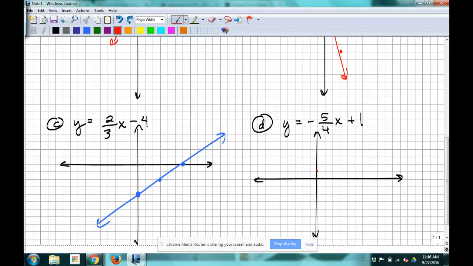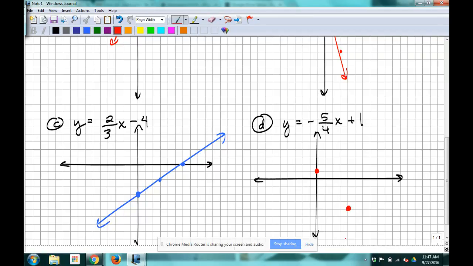Change colors. Okay, so there's my y-intercept, positive 1 on the y-axis. Then what direction do I go? Down 5 over 4 to the right. The negative on the top tells us to go down 5 and then over 4. 1, 2, 3, 4, 5. 1, 2, 3, 4.